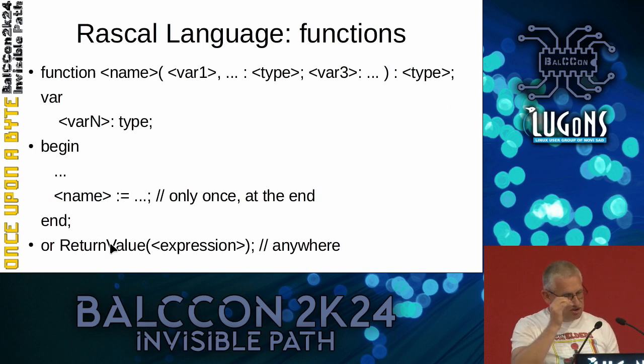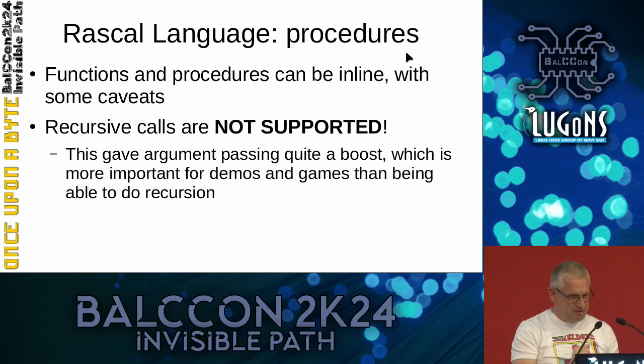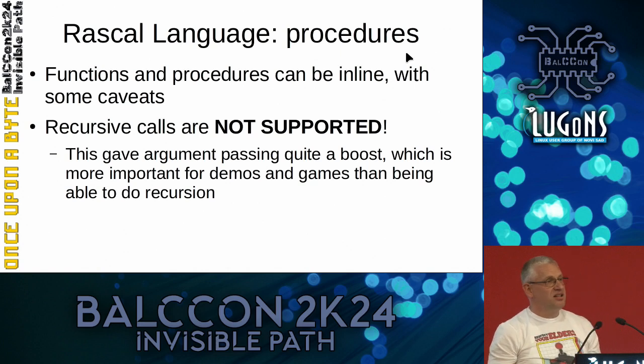But if you need to exit the function early or return different values, then you can use a special return value procedure that will just exit the function with the value you want. Procedures are the same as void C functions, so same thing, but we do not have a return type. Function procedures can be declared inline, meaning one more way of making your code faster, but requiring more memory.